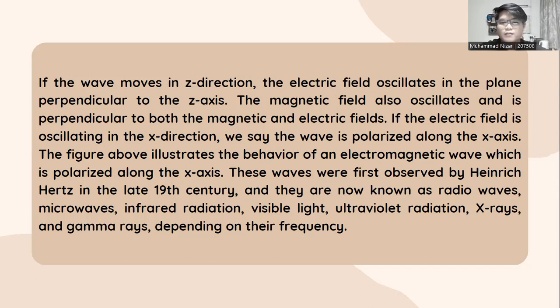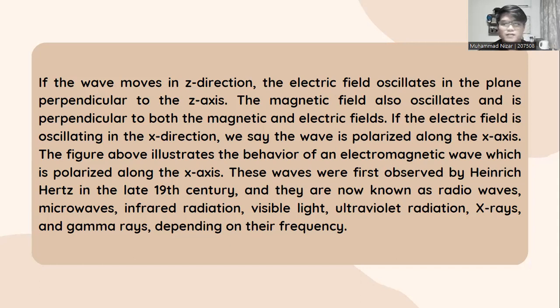The magnetic field also oscillates and is perpendicular to both the propagation direction and the electric field. And vice versa, if the electric field is oscillating in the x direction, we can say that the wave is polarized along the x-axis. So the figure above illustrates the behavior of an electromagnetic wave which is polarized along the x-axis.